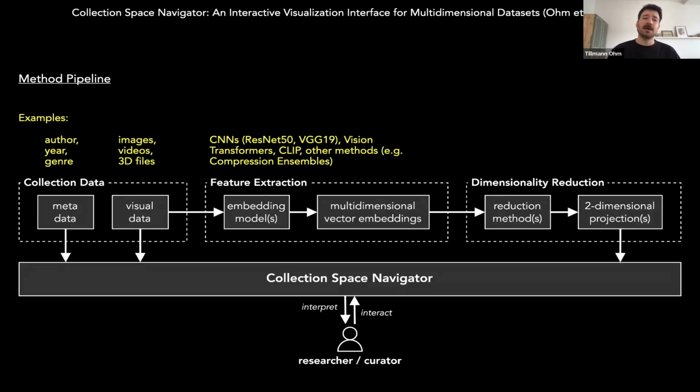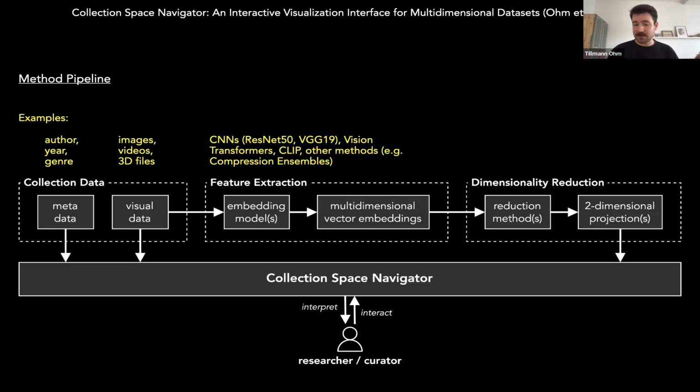So these models encode visual material into numerical vectors that describe visual features across many dimensions. So for example, ResNet-50 gives us a feature vector of 2048 dimensions.